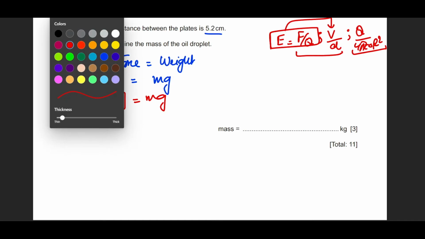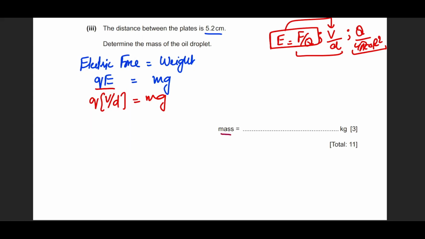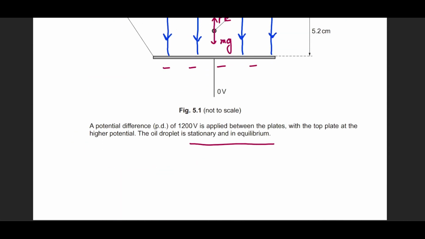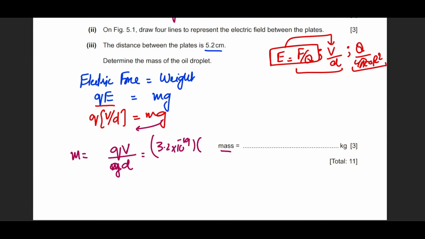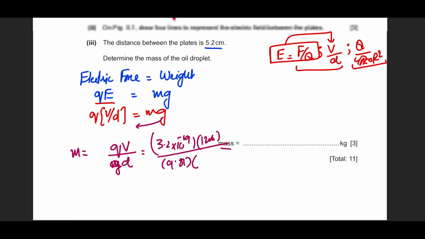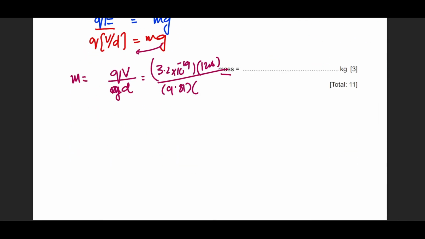What are we supposed to find out? We're supposed to find out the mass. So let's take g over there. So this becomes m equals QV divided by d and g. Let's replace the values. So this is 3.2 into 10 raised to the minus 19, voltage given in the question was, I think, 1200, divided by g, which is 9.81, and d, which is 5.2 centimeters, so 5.2 into 10 to the power minus 2.